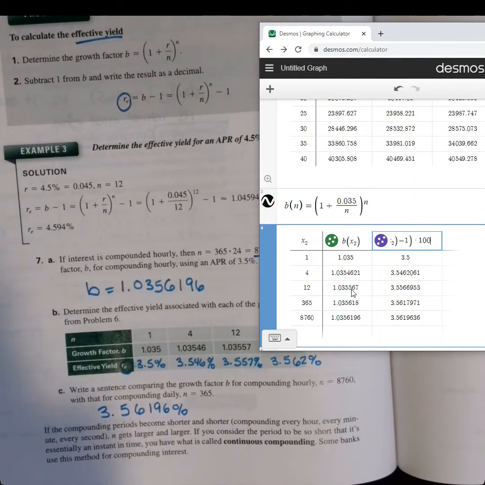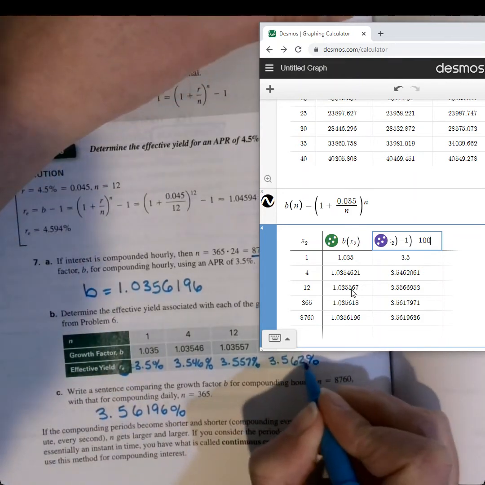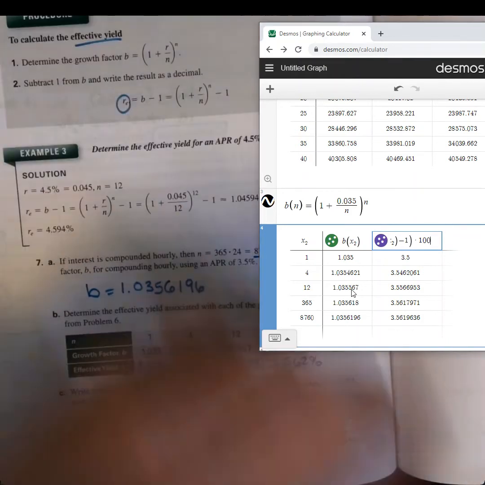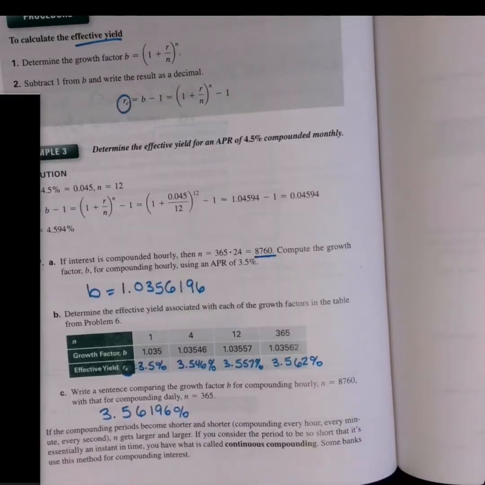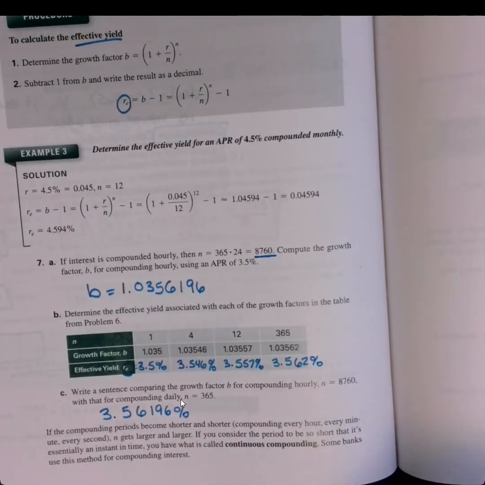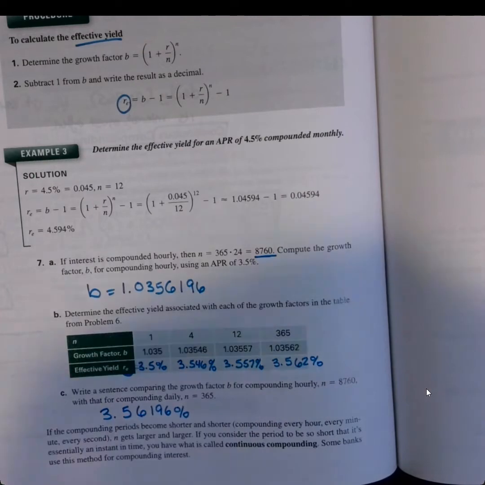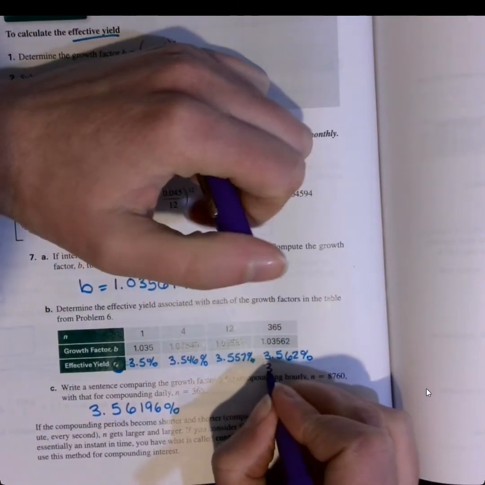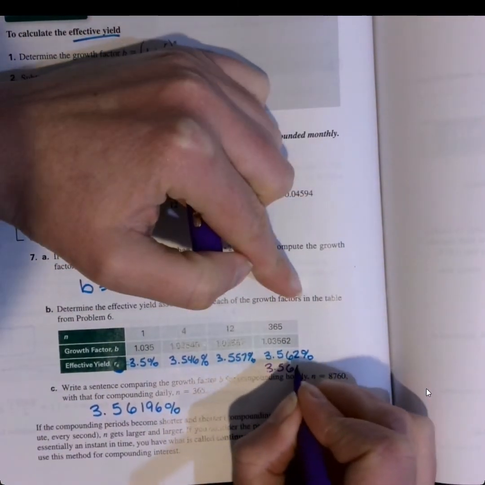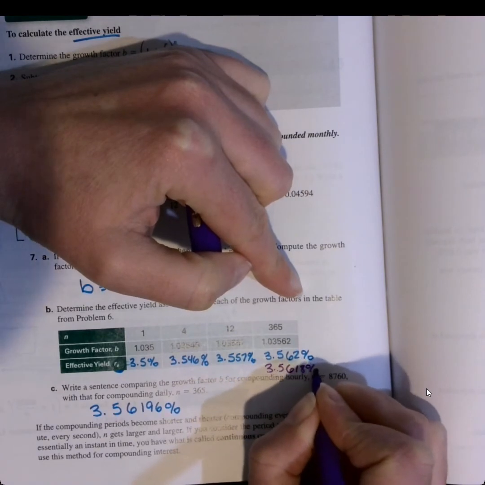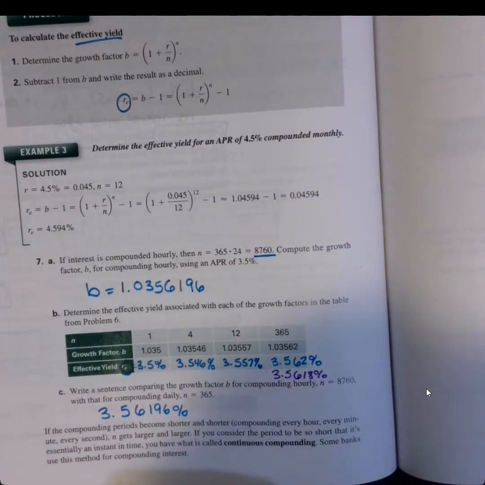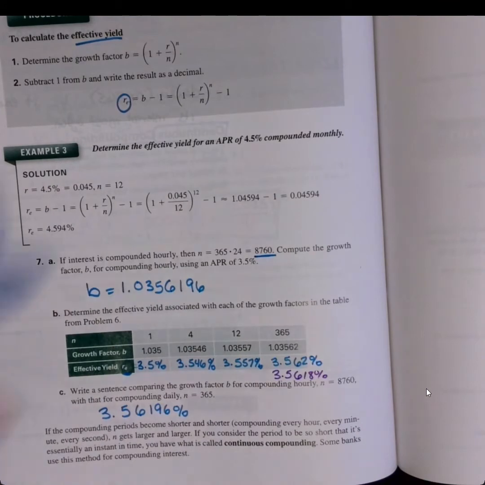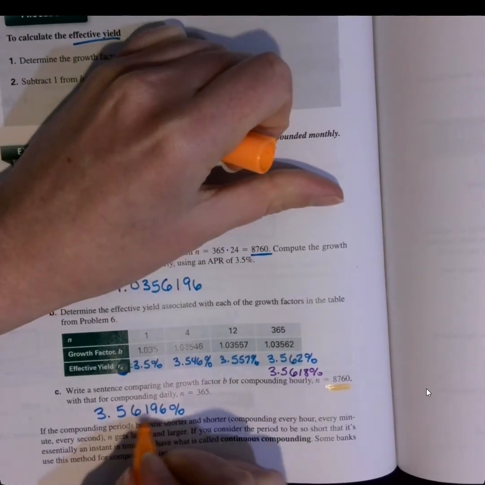Okay, so technically I'm going to change this one back because it looks like this number here is a little bit higher than this one, and it's not. This one really was, remember, 3.5618%. And so I do want to show that the more compoundings, the larger the number.